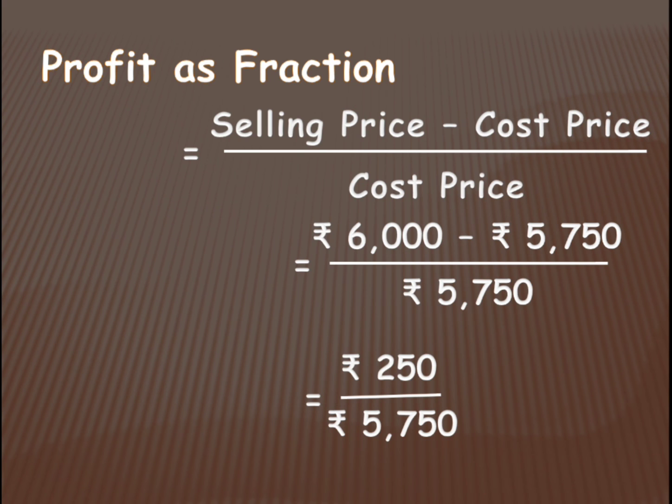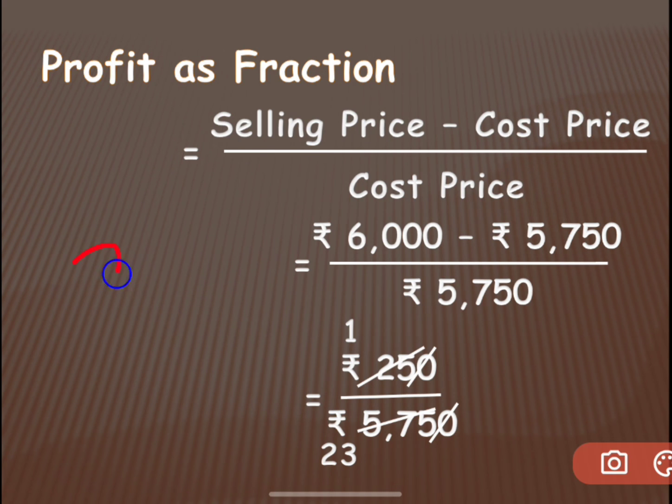Now we have to divide it. You have zeros in the ones place in both numerator and denominator, so you will cancel. So here you have to do the division. 25 ones are 25, 25 23s are 575, or else you can simply go with what is left out, 25 by 575. 5 5s are 25, 5 ones are 5, 5 2s are 10, 5 3s are 15.